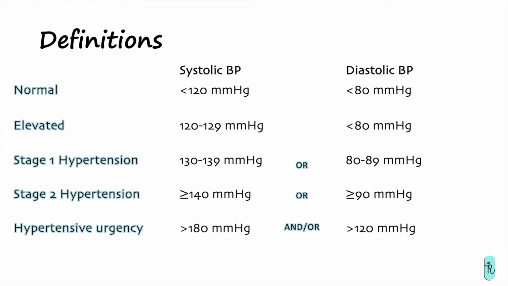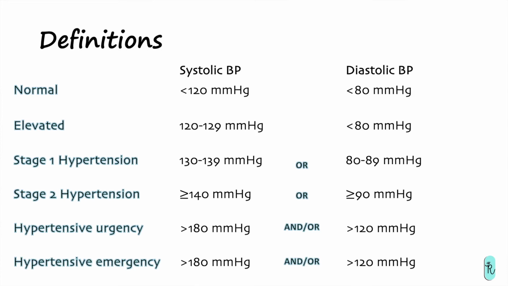Finally, hypertensive urgency and hypertensive emergency indicate a systolic blood pressure greater than 180 millimeters mercury and/or a diastolic blood pressure greater than 120 millimeters mercury. The major difference between the two is that in hypertensive emergency, target organ damage is present. We will discuss this in more detail toward the end of the video.